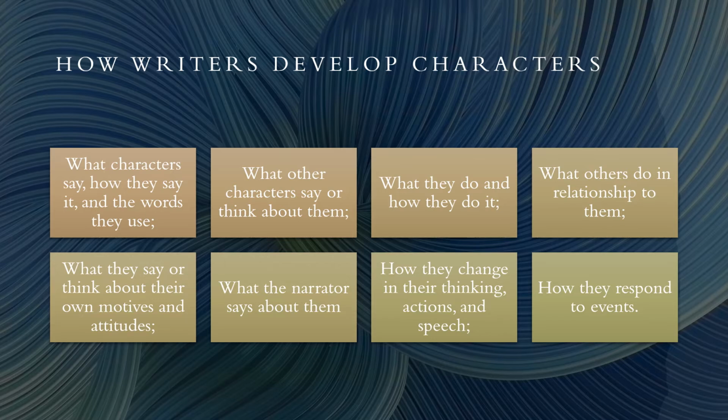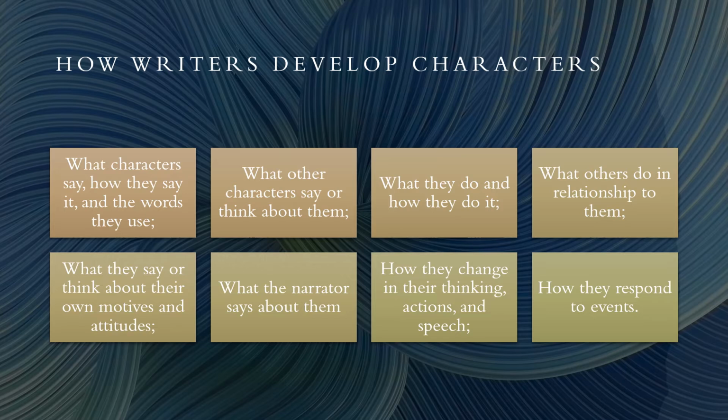So remember, let's move through quickly how writers develop characters, and you can mention these specific things as evidence if you're ever going to write about a character. What characters say, how they say it, and the words they use. The words that they used were very important for these people, and so the way Gawain uses language shows how good a knight he is.